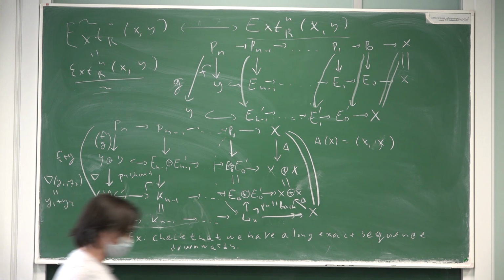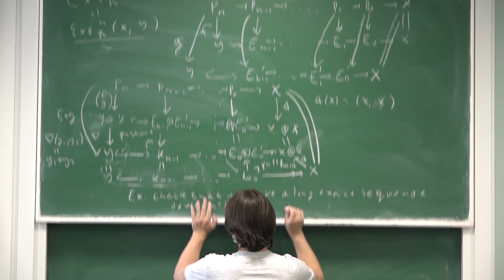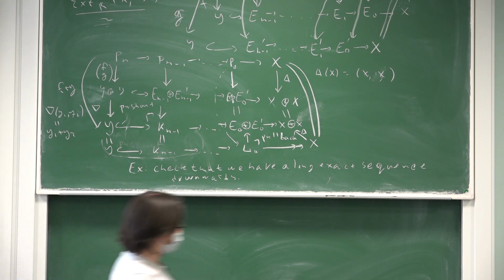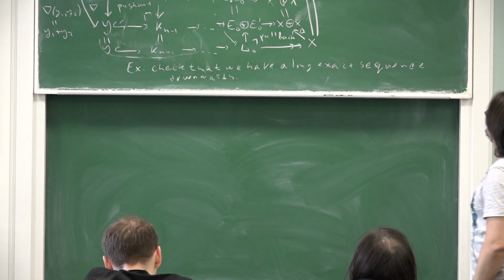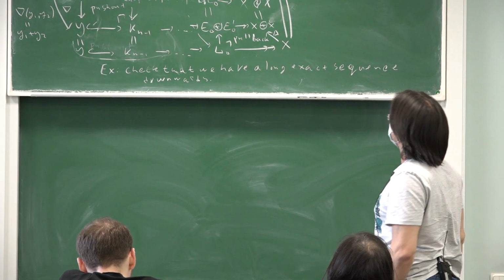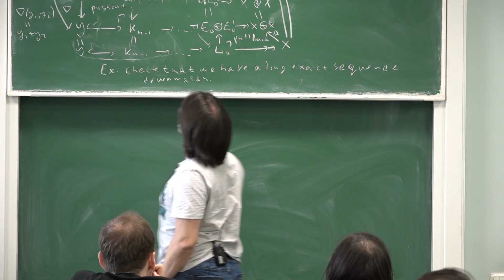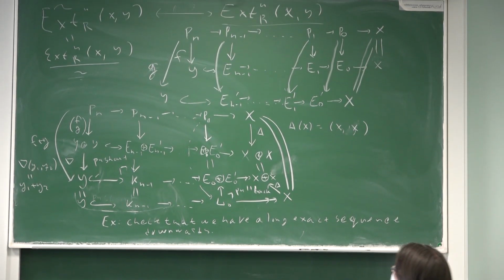So, in fact, to construct the long exact sequence that corresponds to the sum of the elements of X, we need to take the direct sum of two long exact sequences.